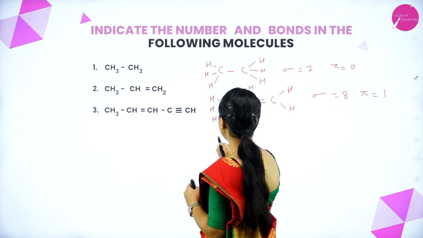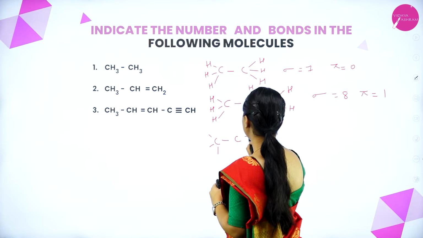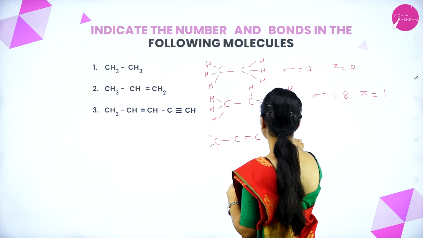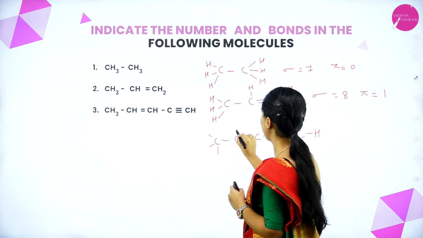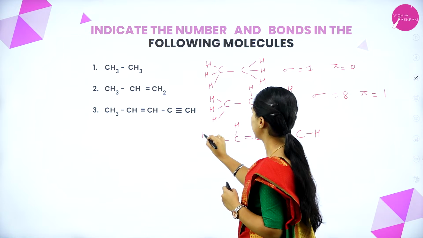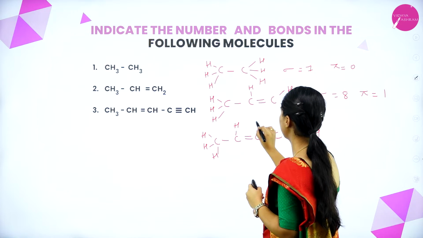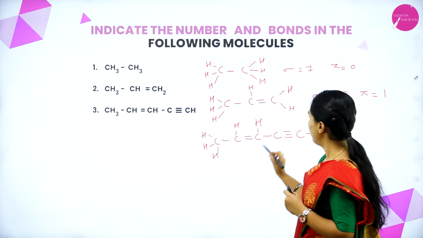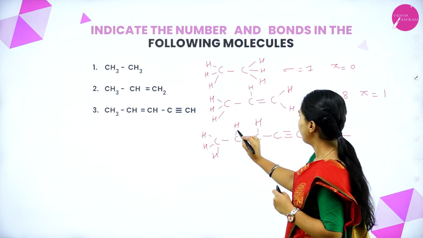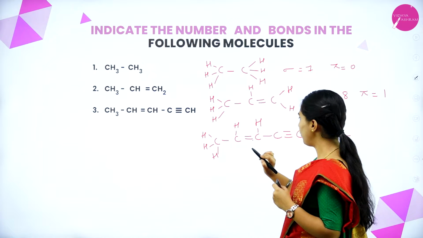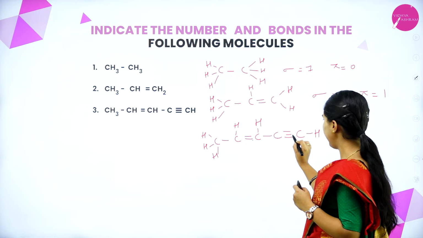Here also, see here, sigma 1, 2, 3, 4, 5. In this one, sigma bonds 1, 2, 3, 4, 5, 6, 7, 8, 9, 10.